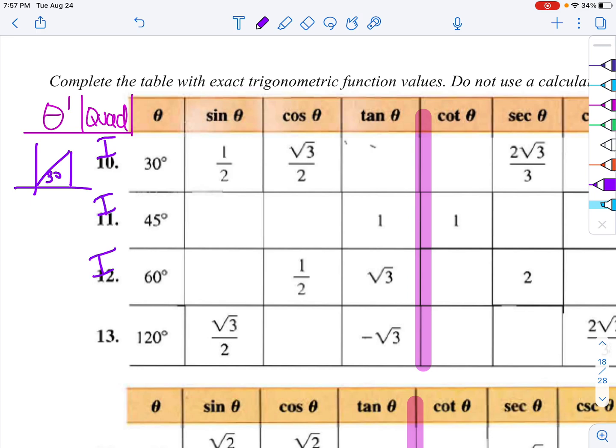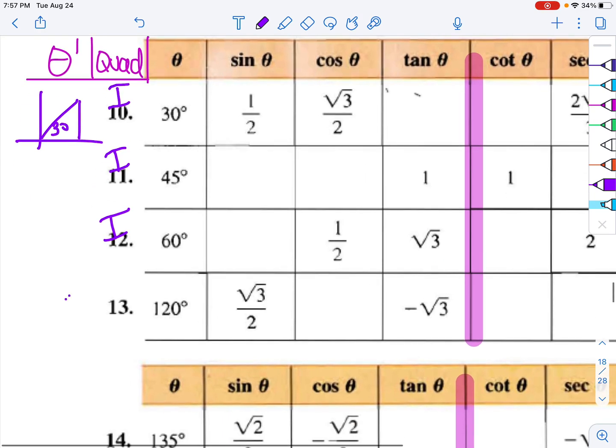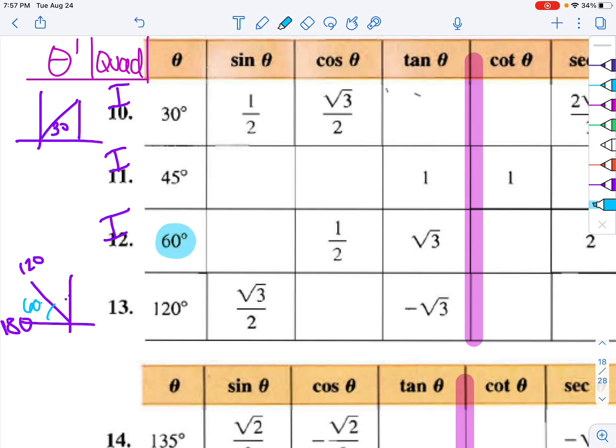But what I want you to do, starting with 120, is, again, draw a picture. 120 degrees, 180. Tell me what the reference angle is. So here, the reference angle is 60. If the reference angle is 60, the values are going to be just like this row, the 60-degree row.